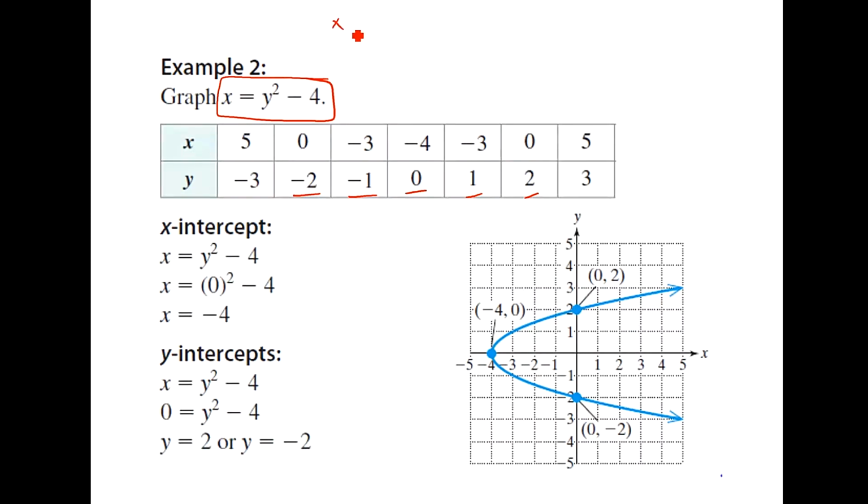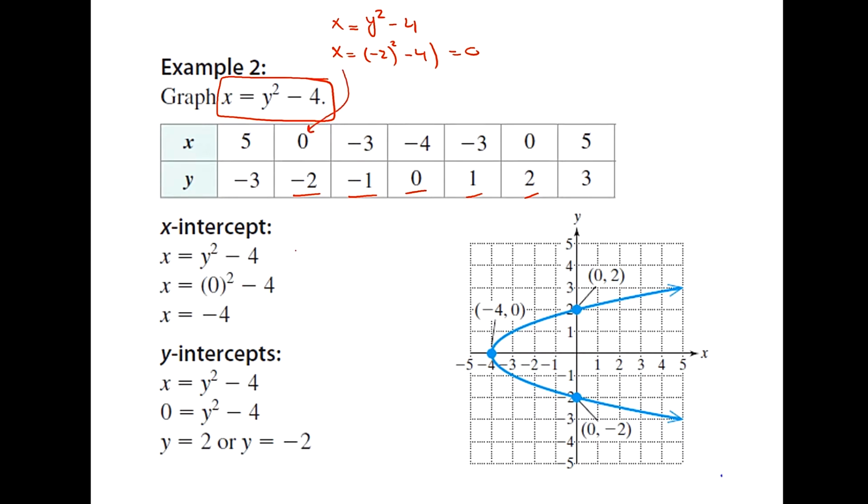This is the equation. x equals what? x equals y squared minus 4. If we substitute minus 2, we have minus 2 squared minus 4, so we have 0. Look at this value of x: 0.